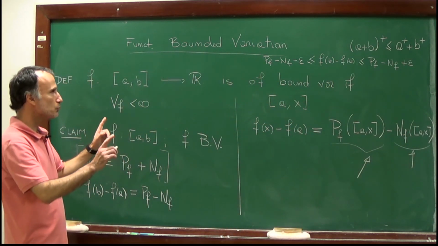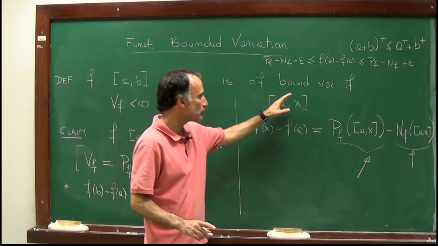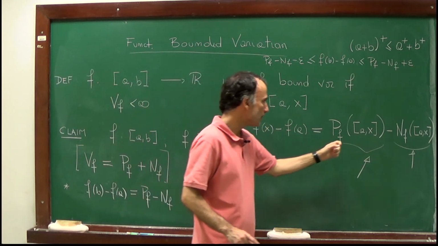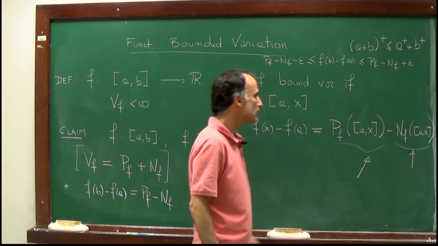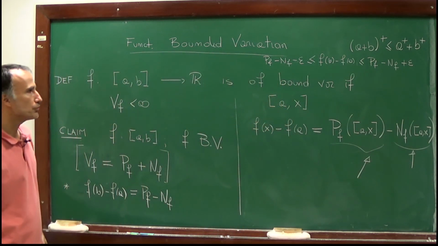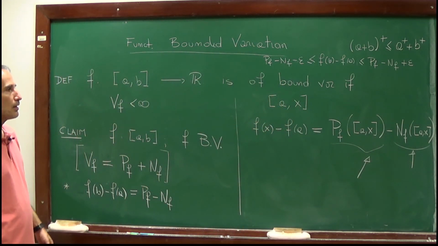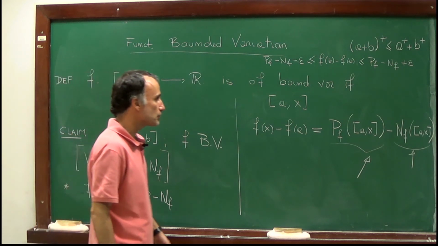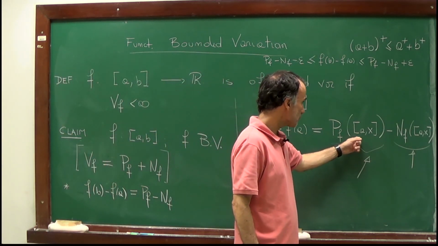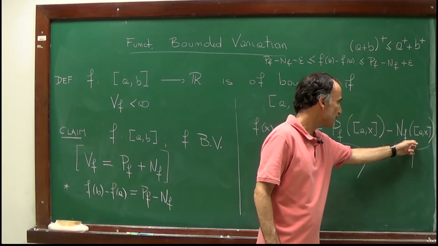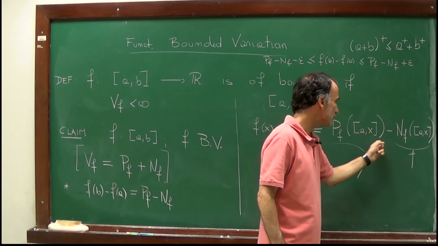So what we proved is that any function of bounded variation can be written as the difference of two monotone non-decreasing functions. And what do we know about these functions? Well, we know that this function is differentiable almost everywhere. That function is differentiable almost everywhere.